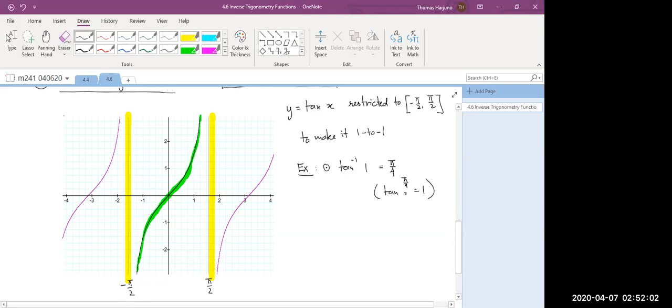The other one is 5 pi over 4. Now the problem is 5 pi over 4 is not in the restricted domain. That's why we use pi over 4 only. How about tangent inverse of radical 3?